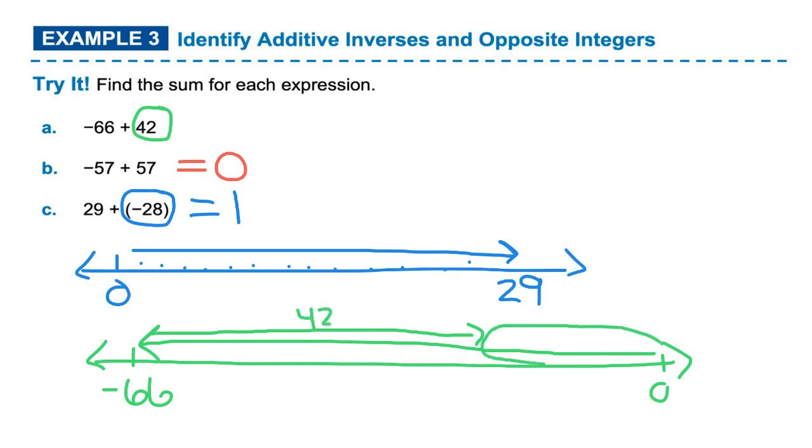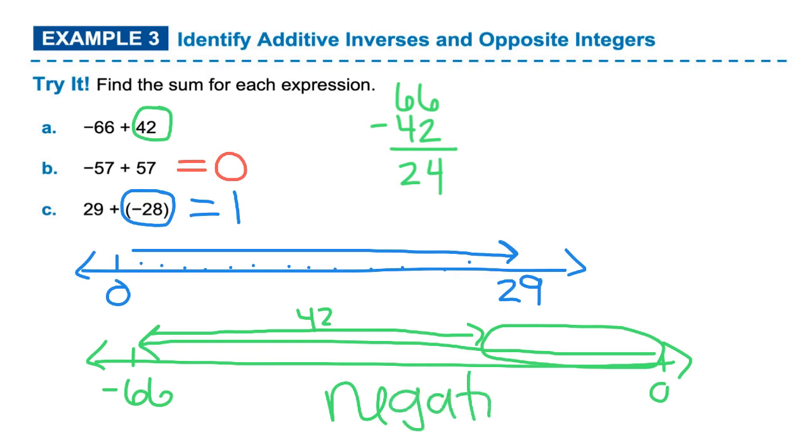Isn't this just the difference between those 2 numbers? So if I took 66 and I took off 42 of them, I think I have 24 left. And my last thing I have to decide, is my 24 on the negative side of the number line or is it on the positive side? Well, all of this is the negative realm because it is less than 0. So my answer is -24.